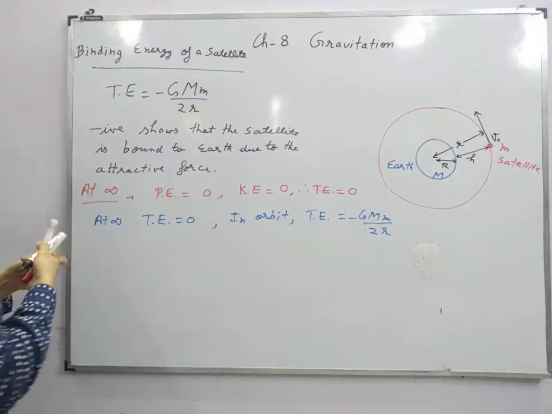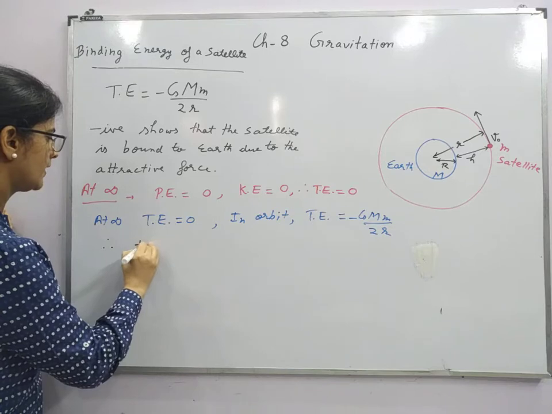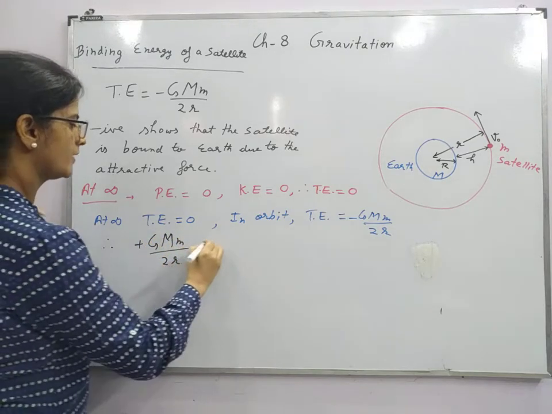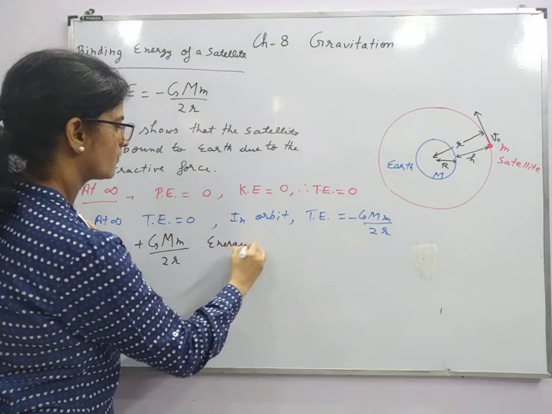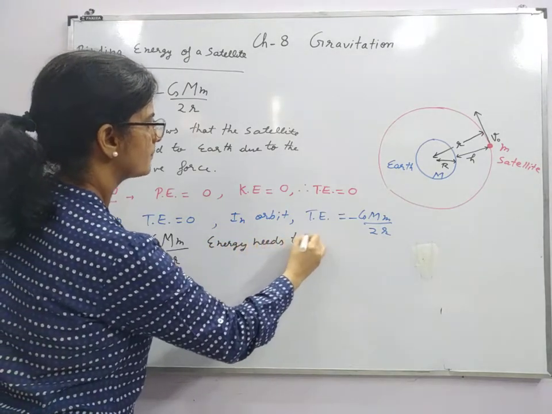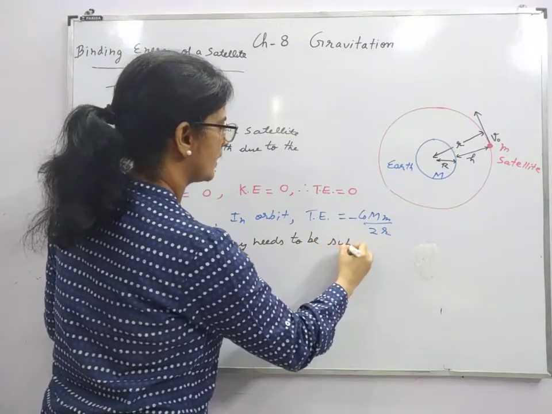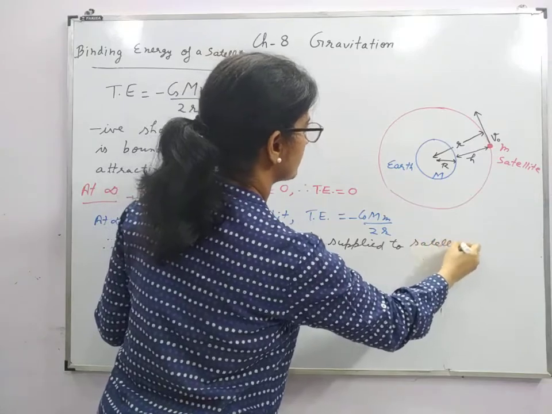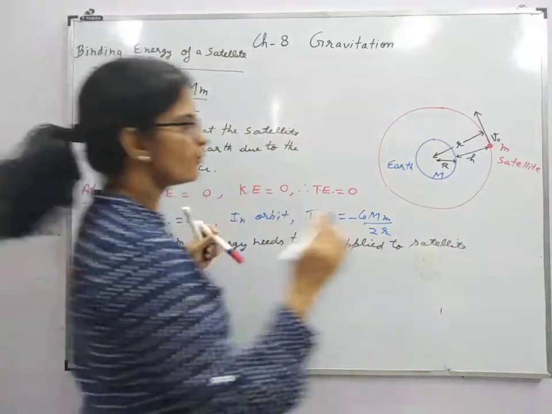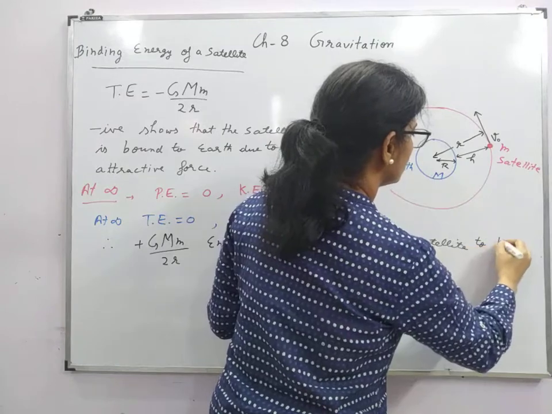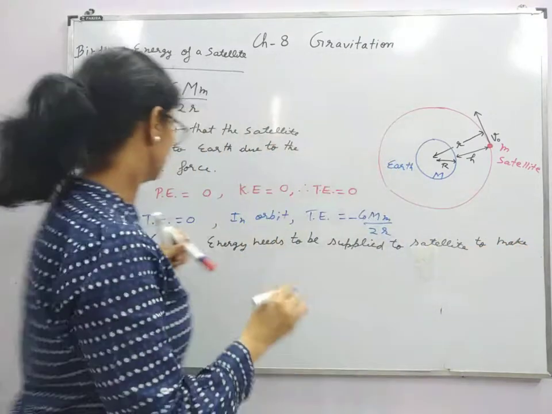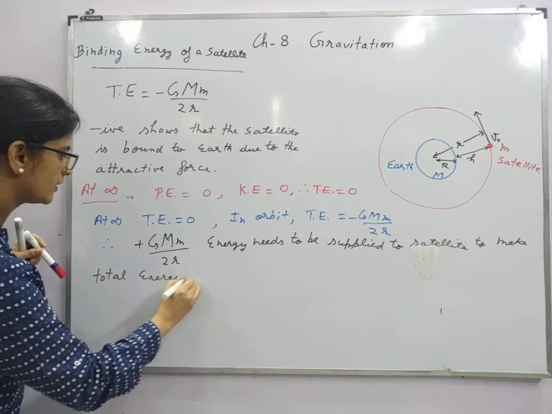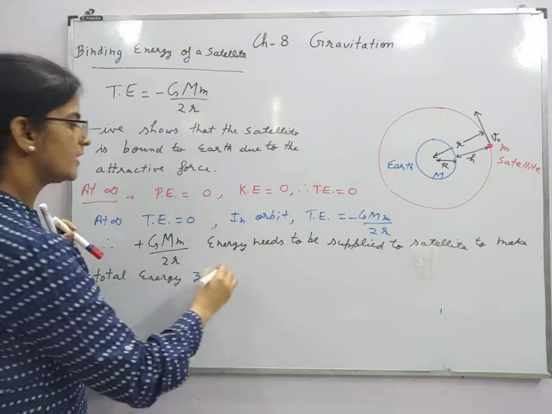So therefore plus GMm upon 2r energy needs to be supplied to satellite to make total energy 0, which is at infinity.